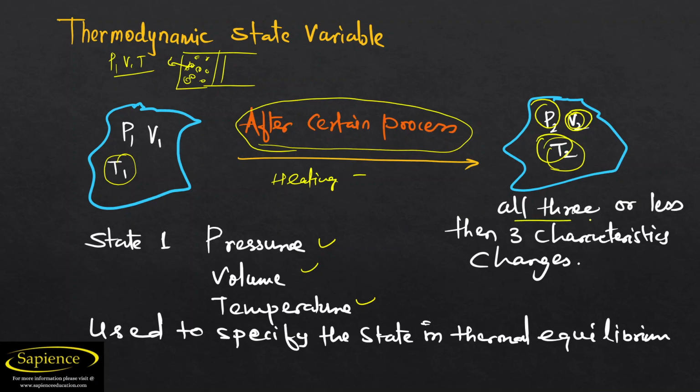At a time, all three characteristics may change, or any one or any two will change. So pressure, volume, and temperature are used to specify the state in thermal equilibrium. I hope you have understood this.